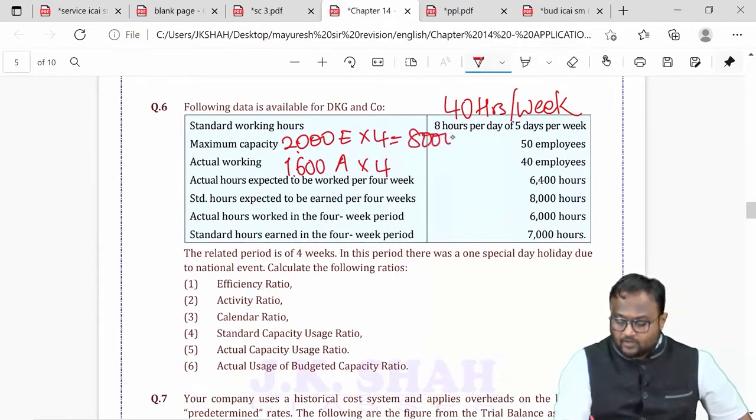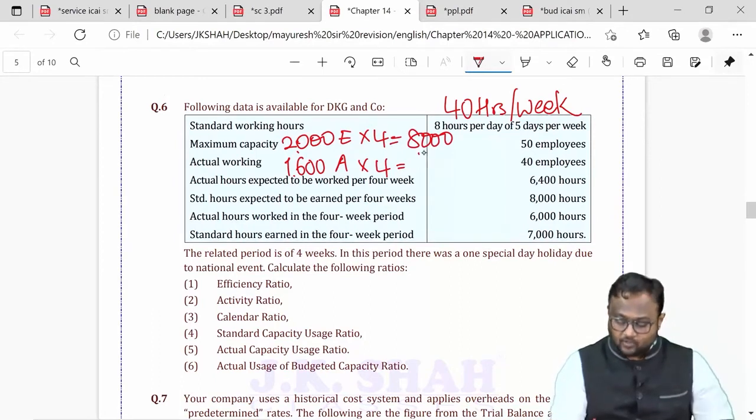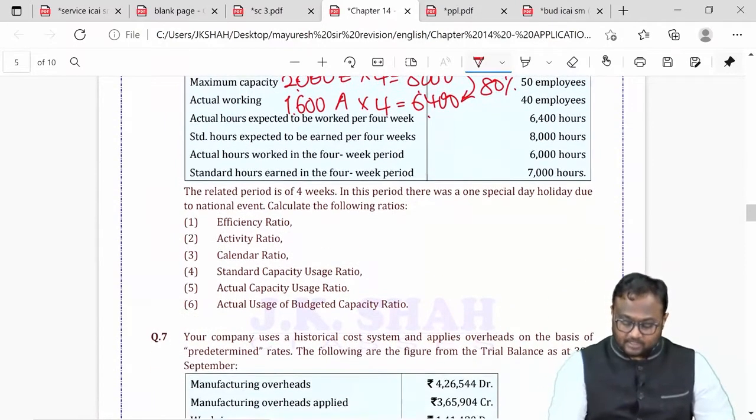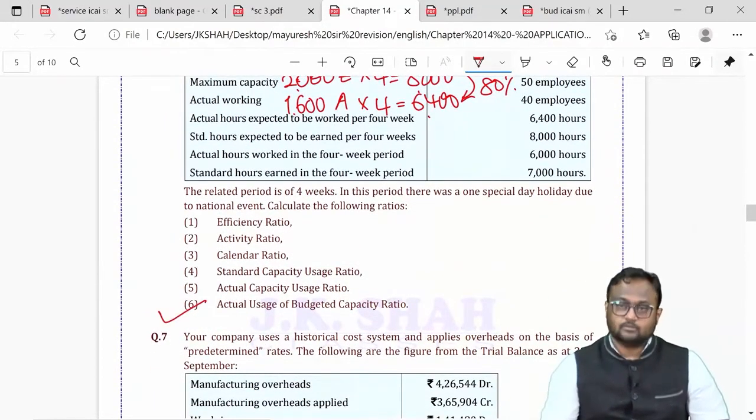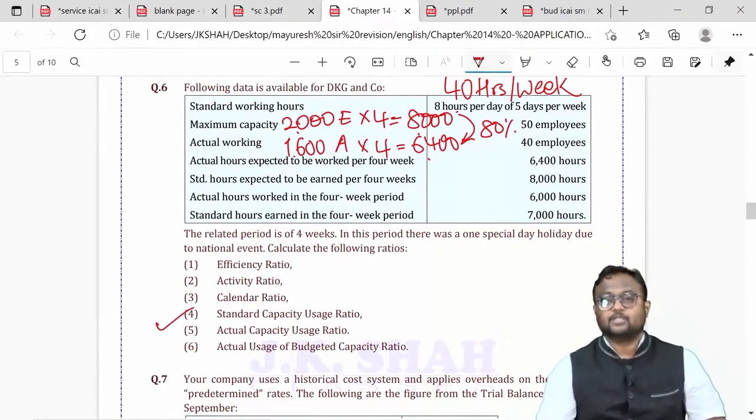So ideally, you can work for 8,000 hours. This can be your maximum capacity, but your current capacity is 6,400. That means you have used only 80% of the maximum capacity, and that is your actual usage of budgeted capacity ratio, your standard capacity usage ratio.